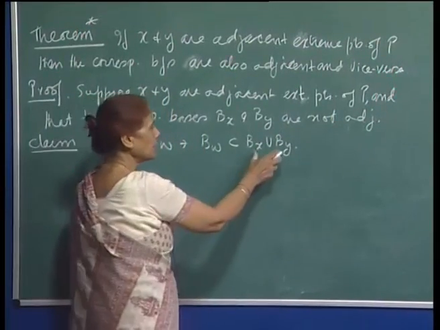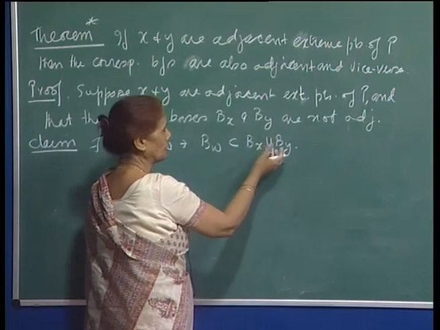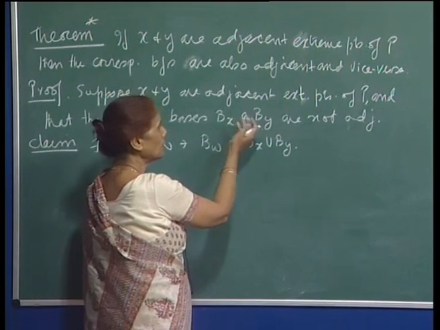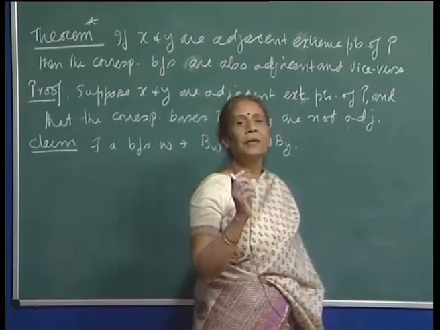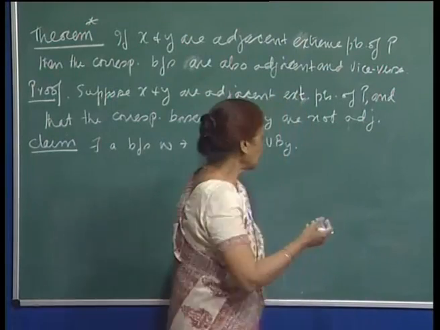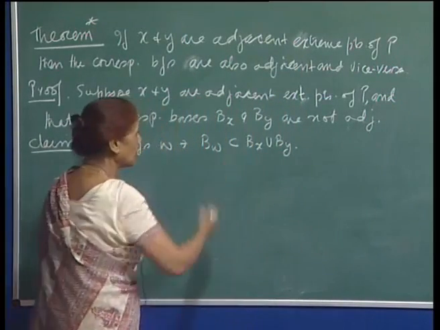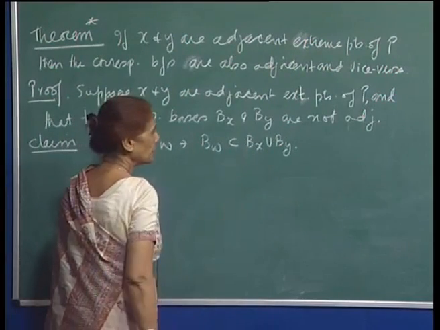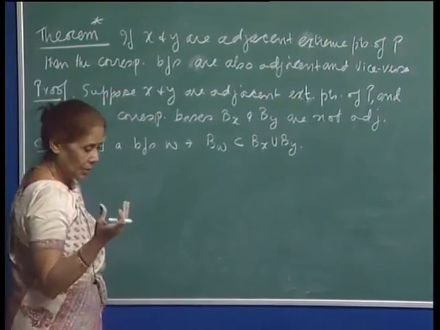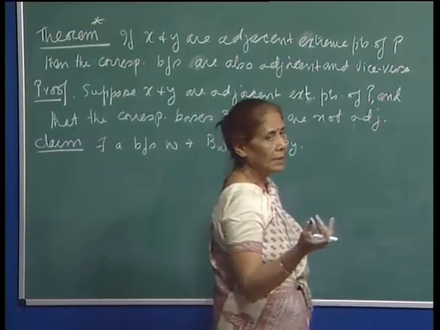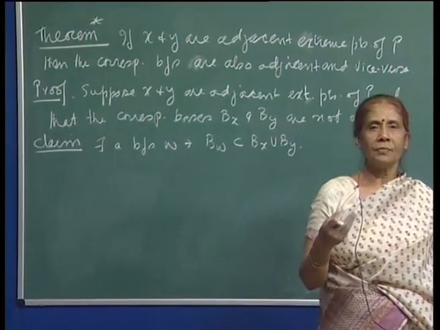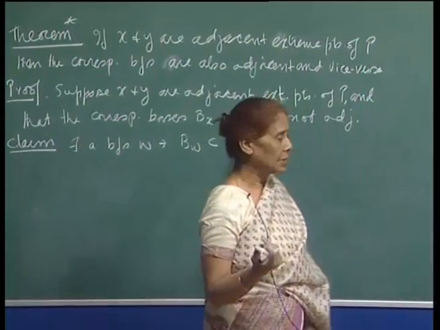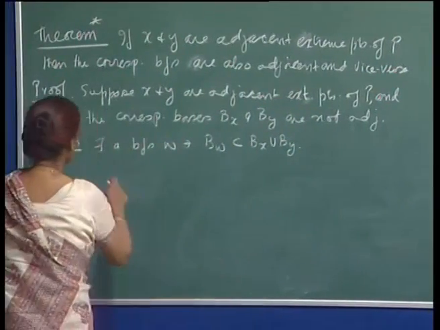Because remember, this union has at least m plus 2 columns, since Bx has m columns, By has m columns, and they differ in at least 2. So you will be able to find m columns from here that are linearly independent and give you a basic feasible solution. That is the claim.